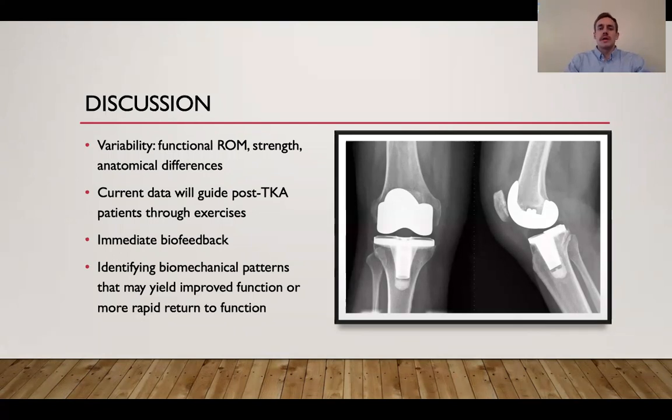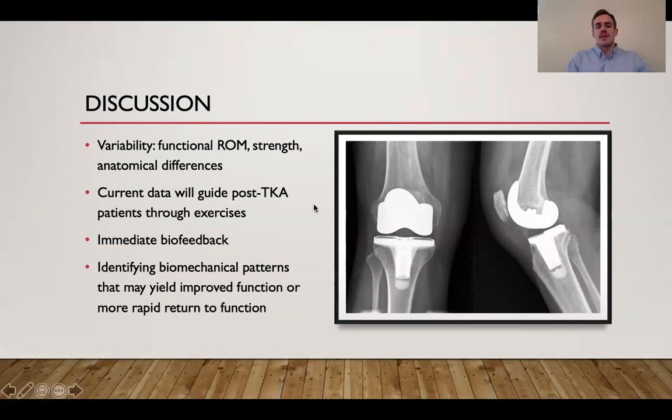And this current data will guide post-TKA patients through their exercises. So they'll be able to receive immediate biofeedback and see where they can improve, what is different, and what to focus on in order to return back to full function.